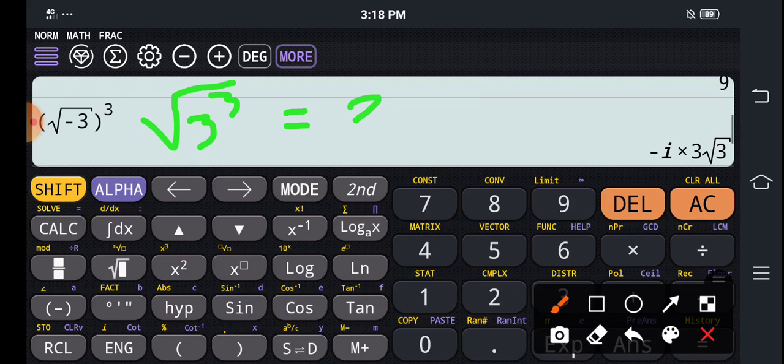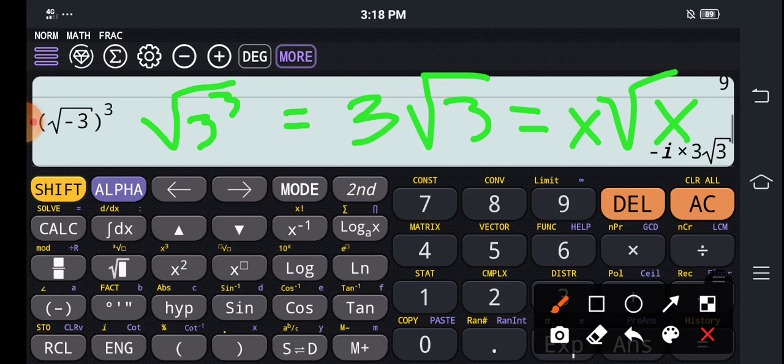The result will be 3 square root of 3. So this is similar to x square root of x. But of course, we have the negative sign here, the negative i.